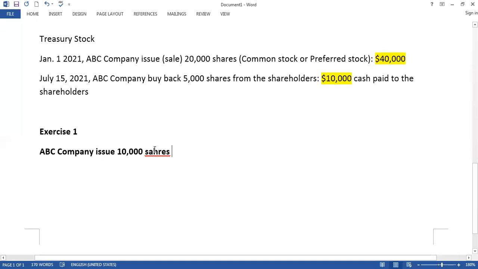The company sells 10,000 shares of common stock for $1.